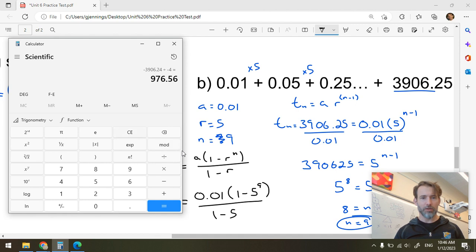Okay, let's find my calculator error. Clear. All right, let's just start it again. 0.01 times, put it in brackets, 1 minus 5 raised to the power 9, end the bracket, equals, all divided by 4, but it's negative. That looks much better, doesn't it?